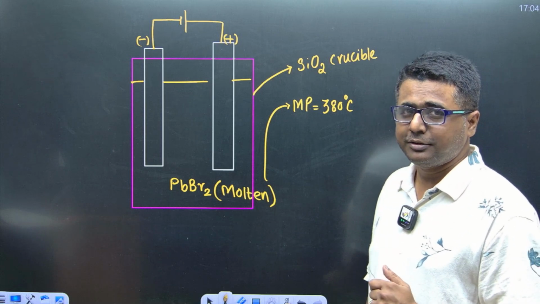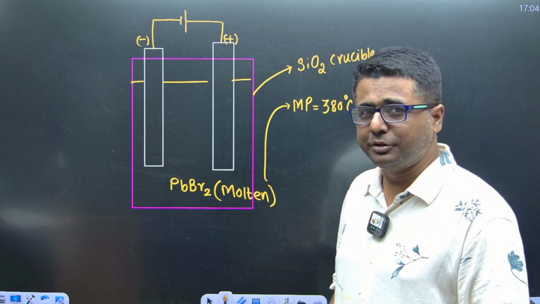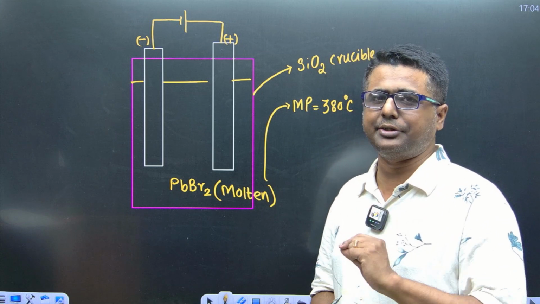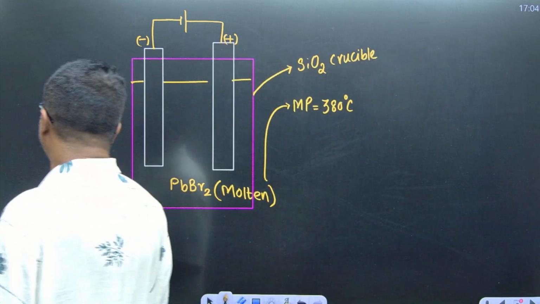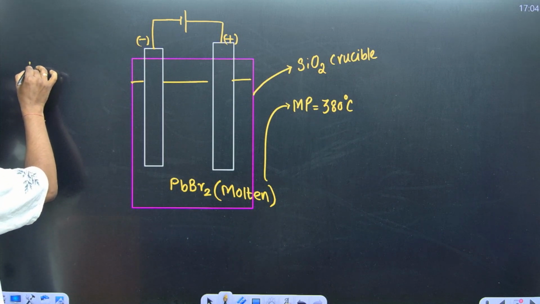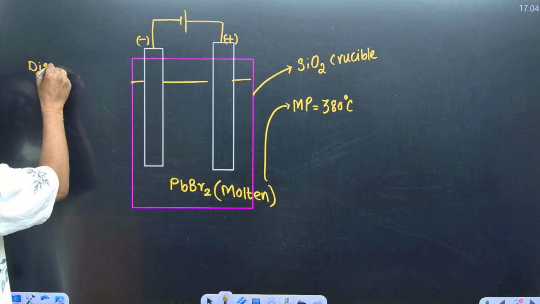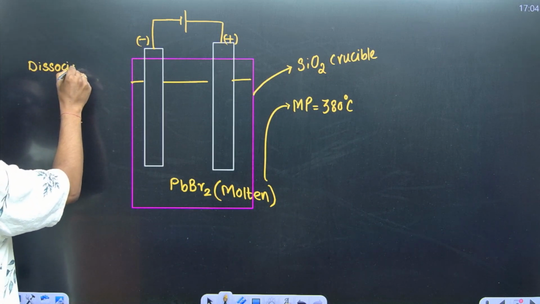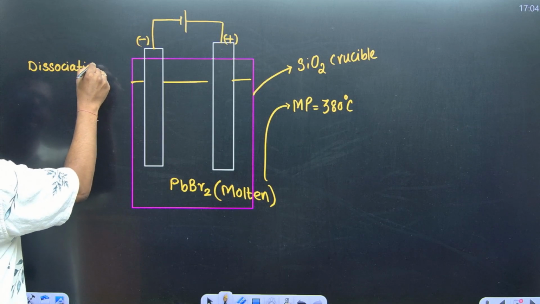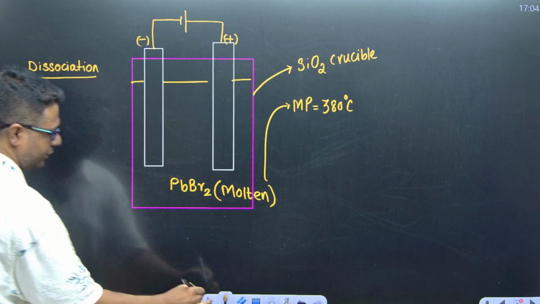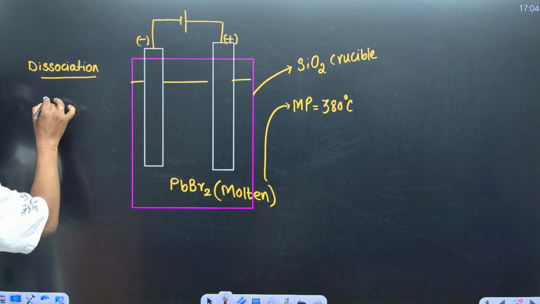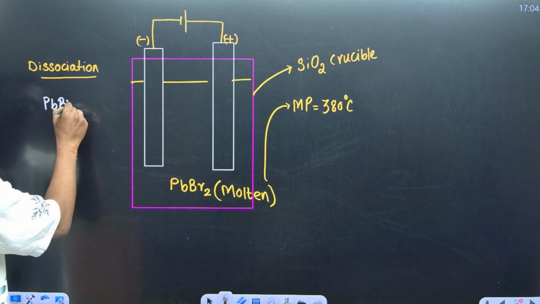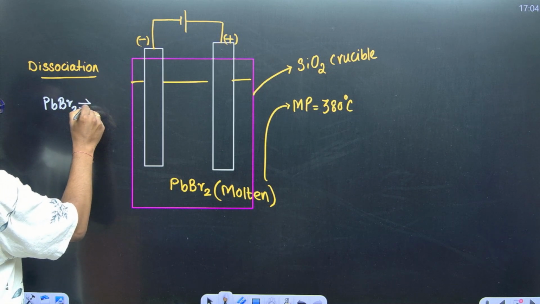So first of all, you guys already know what to do. We have to write the dissociation reaction of lead bromide. So let us write the dissociation reaction of lead bromide first. So dissociation reaction of lead bromide will be PbBr2, reversible arrow.